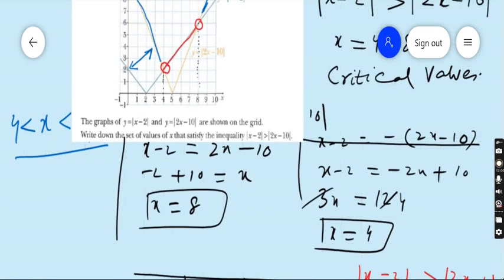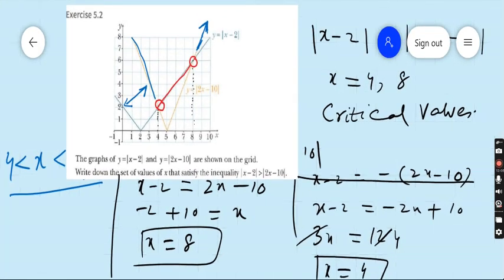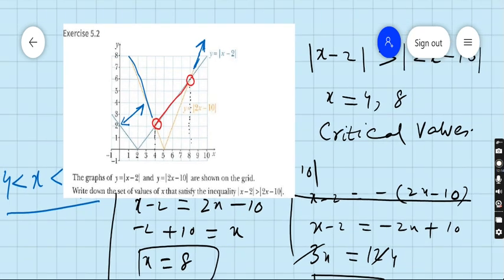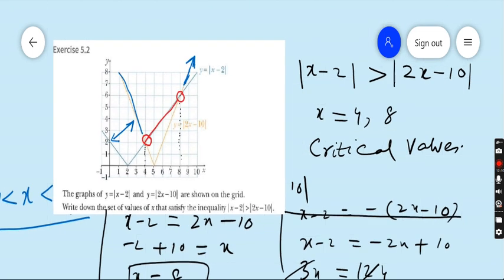And from the graph we have to focus on where one region is above the other absolute value. That is, we need x minus 2 greater than 2x minus 10. The blue line is the x minus 2 graph, the yellow line is the 2x minus 10 graph, and the red portion is the portion where the part of the graph is above the yellow one.